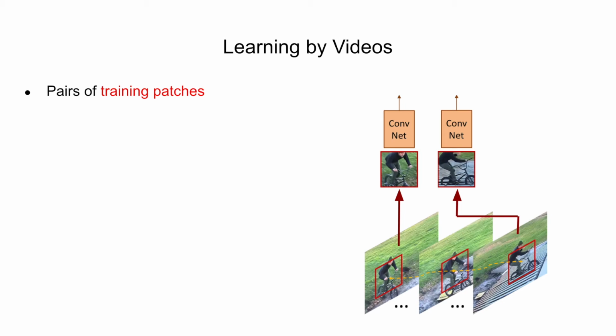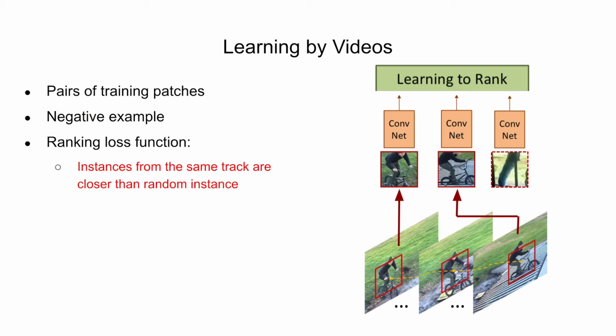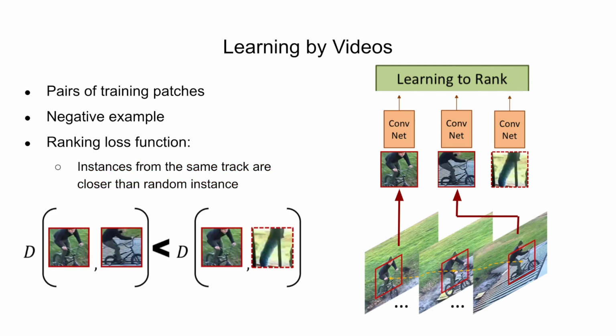For that reason, the authors proposed sampling a random patch that served as a negative example. Finally, the ranking loss function for training is equivalent to minimizing the Euclidean distance between the two representations of the same track, while at the same time maximizing the distance between the tracked patch and the negative patch.